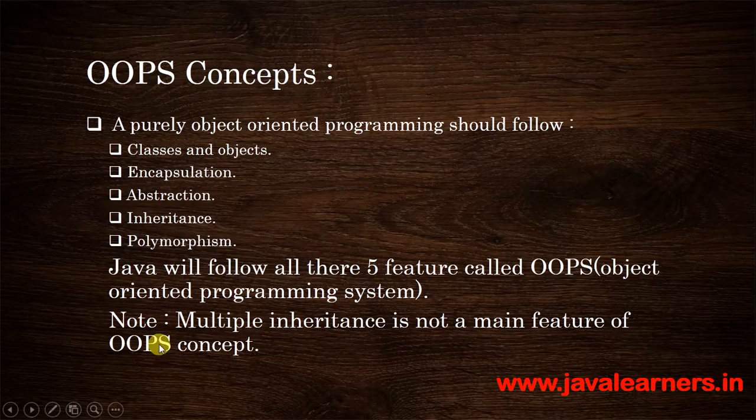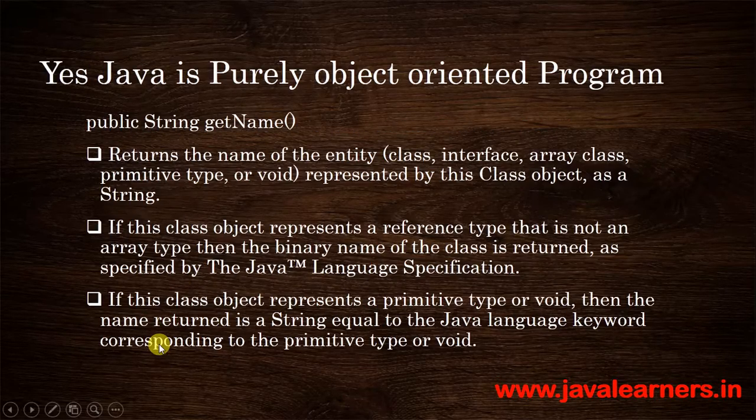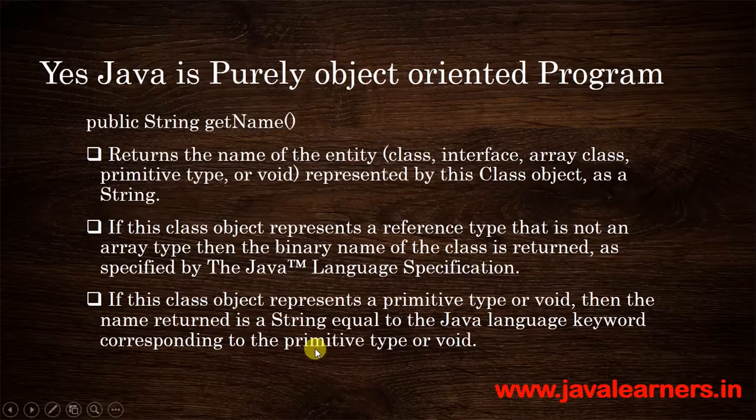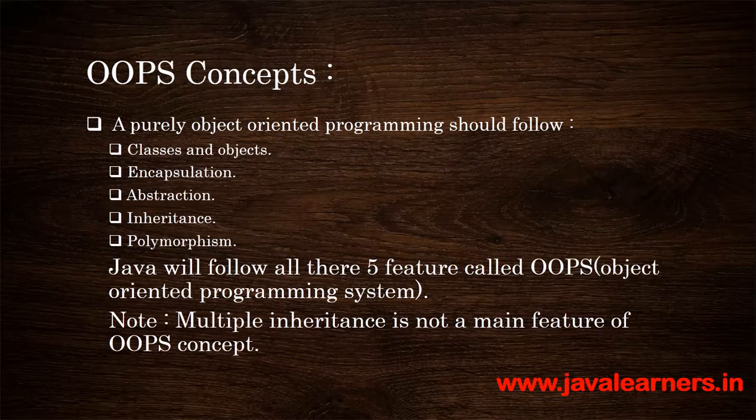Note, as I said, in the first slide there are important features of object oriented programming. Multiple inheritance is not supported by Java. But in the OOPs concept, multiple inheritance is not a main feature. Because of this, Java is a purely object oriented programming language. It supports inheritance but it won't support multiple inheritance.